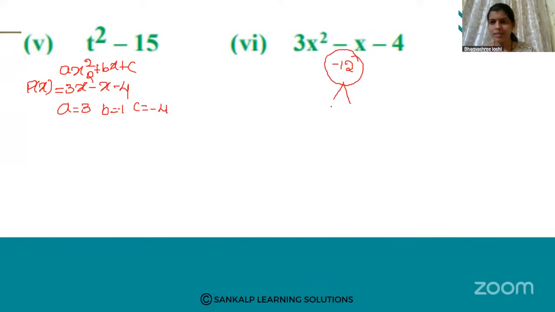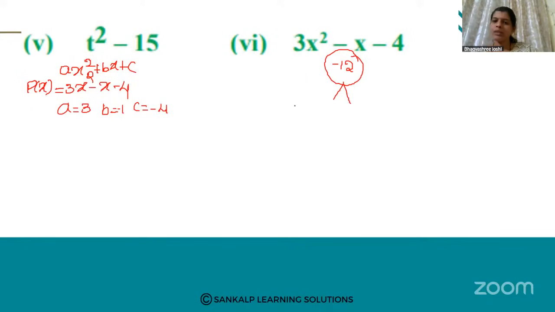Choose two numbers such that product should be -12 and middle term ಎಷ್ಟು ಬರಬೇಕು? -1 ಬರಬೇಕು. ಯಾವ ನಂಬರ್ಸ್ ಅದು? Product should be -12 and if you add or subtract those two numbers then you will get -1.